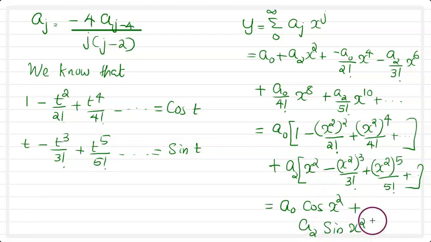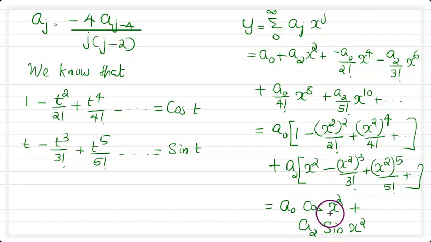Thus, we have expressed our solution as a linear combination of the two functions cos x square and sin x square. Here a0 and a2, the coefficients of these functions are arbitrary constants.